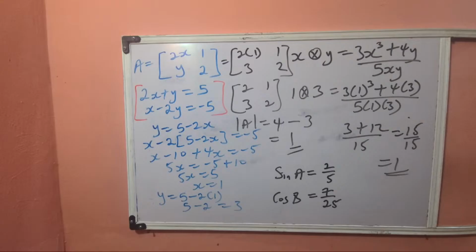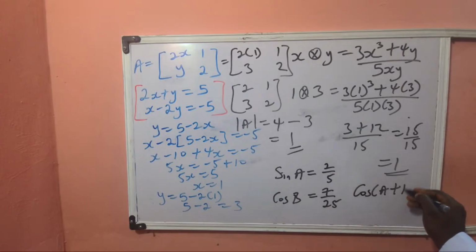Don't forget, this is a theory question. So when they say find without using calculator, nobody expects you to punch this in a calculator. Find without using calculator the value of cos A plus B. This is what you're supposed to find, and then you complete your 5 marks in this particular question.